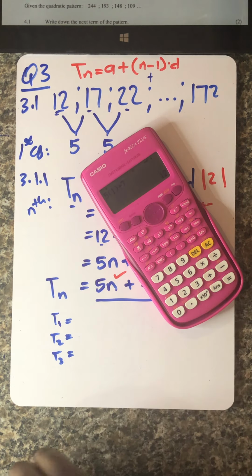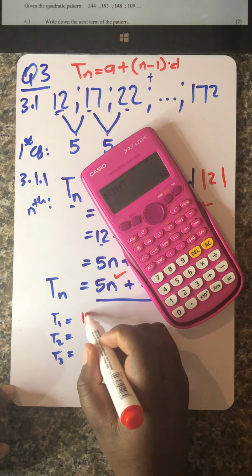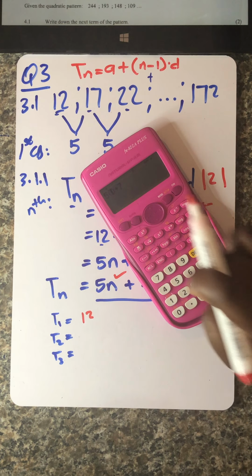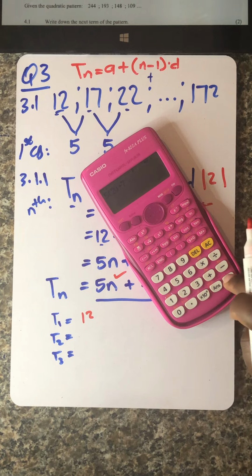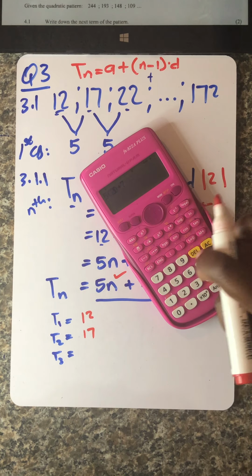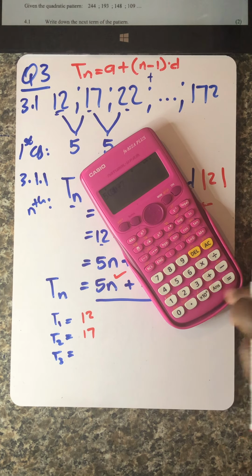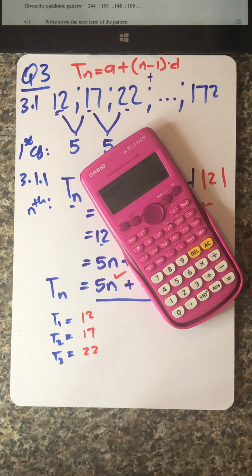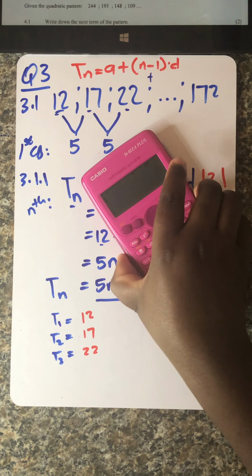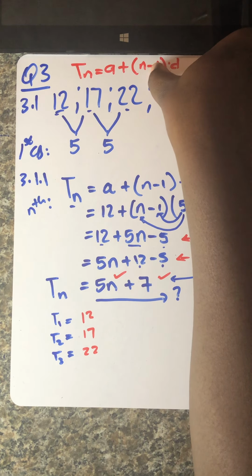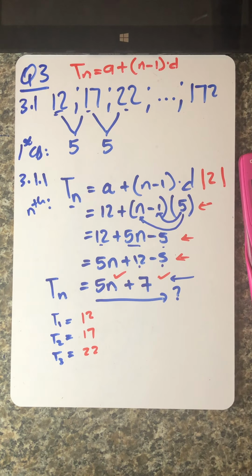Can you see? We get 12. So this is promising, guys. When you test for term 2, just go to the formula, delete that one, and press 2, and we get 17. There you go. It's promising. Then we go back, delete, and punch 3, and we get 22. Guys, I'm now confident that this formula is correct. This serves as a confirmation to me that what I've done is correct. So that formula, it's actually a minus there and not a plus. Very important, guys.